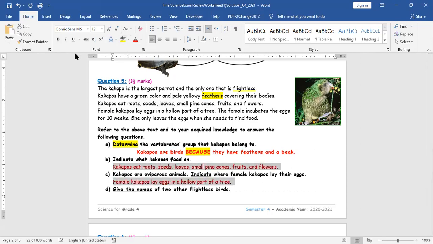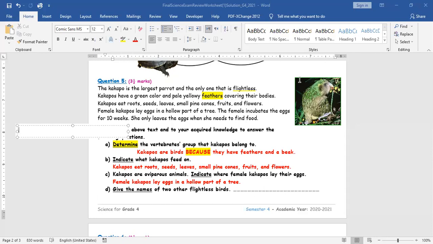Give the names of 2 other flightless birds. There are several adaptations that help birds fly.